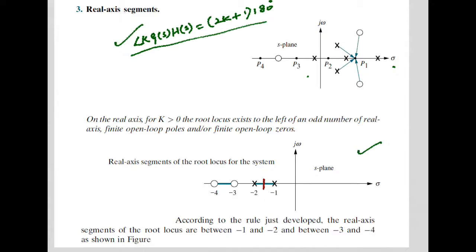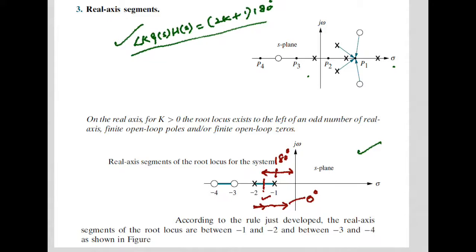The angle from the pole at -1 to this point, and to the 0, is 180 degrees, because these are opposite to each other. Now let us see the angular contribution of -2. Its angle, to this point and to the 0, is 0.